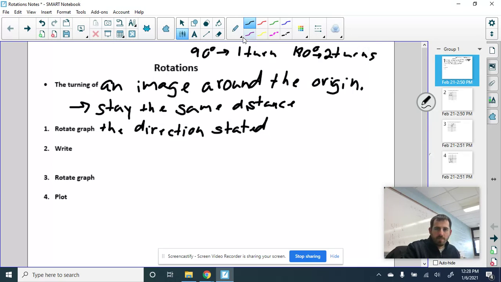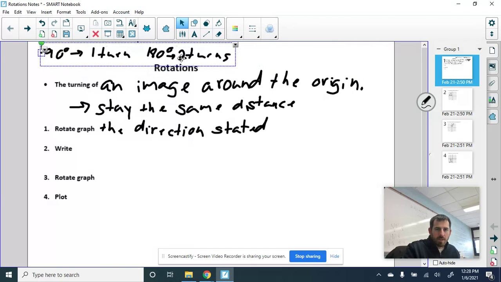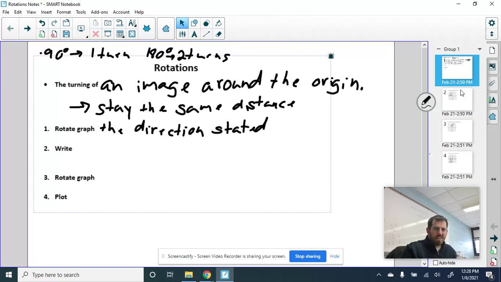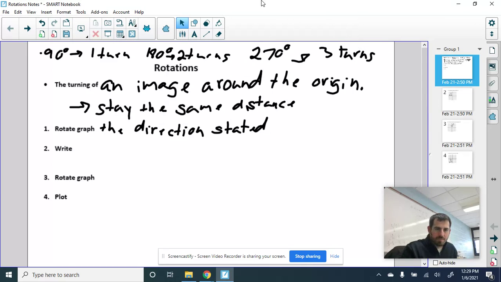I'm actually going to move this over. Make sure you're writing this down so you know what we're talking about here. So 180 degrees is 2 turns, and then 270 degrees is 3 turns. I apologize, my handwriting's sloppy on this thing. I haven't used it forever.